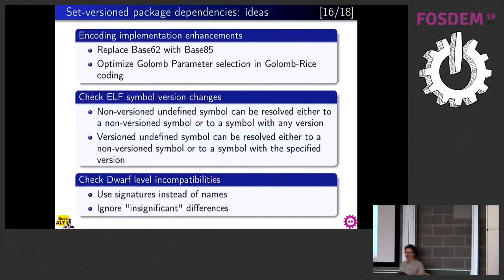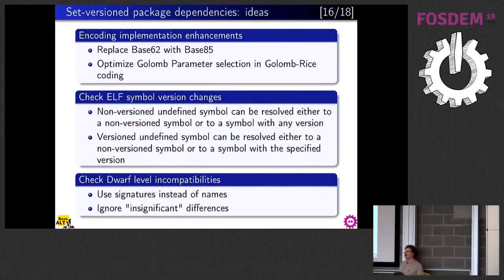Also, we have some ideas about detecting DLL-level incompatibilities, like using signatures instead of function names, but not just signatures, rather somewhat reduced signatures to ignore insignificant differences. But I think we're still thinking about it, because what is insignificant?